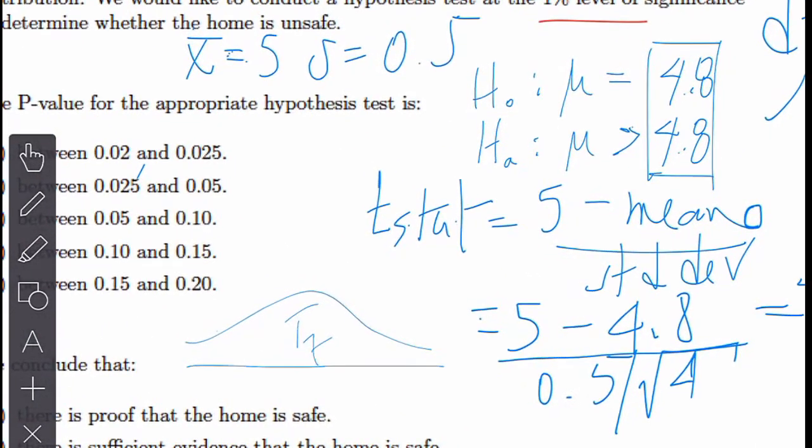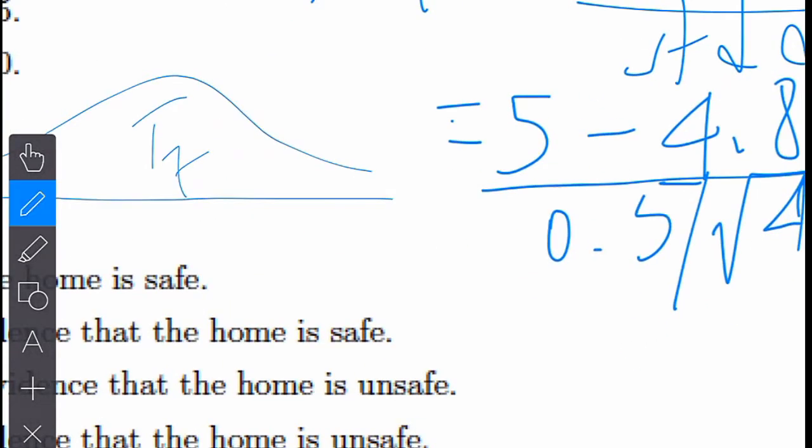So to get the p-value, I need the alternative hypothesis, greater than sign. I'm going to check to see if it's greater than what I got. What I got was negative 0.8. So I'm going to plot that. I plot my t-stat. Oh, I did the wrong side, right? Because it's supposed to be negative 0.8. So I'm going to plot it on the correct side.